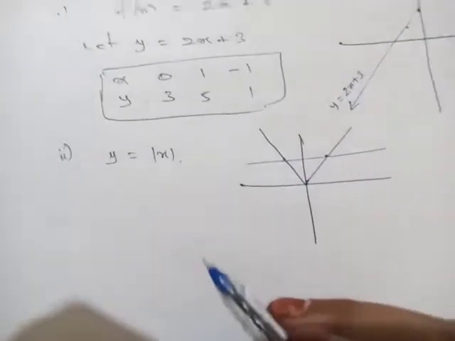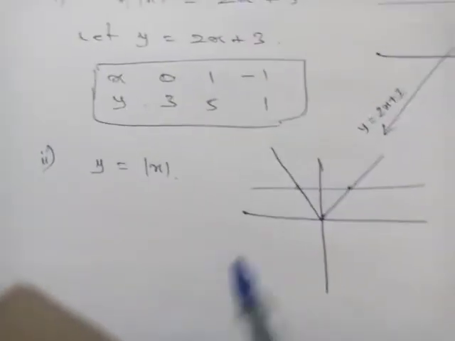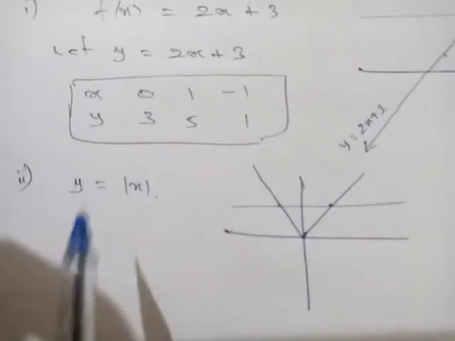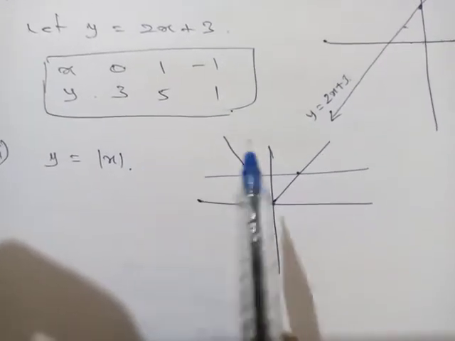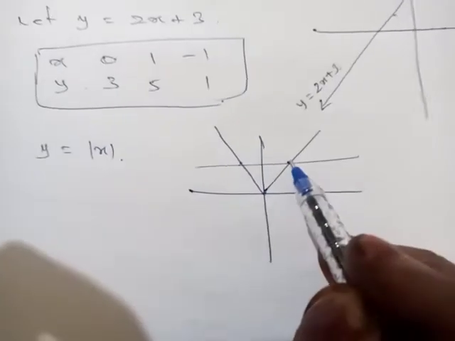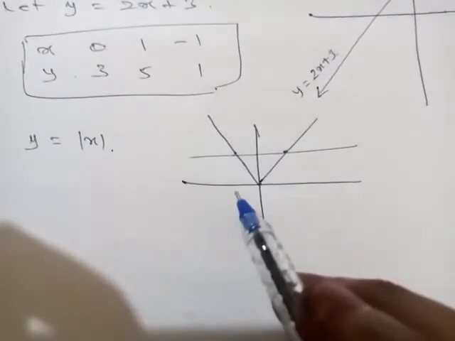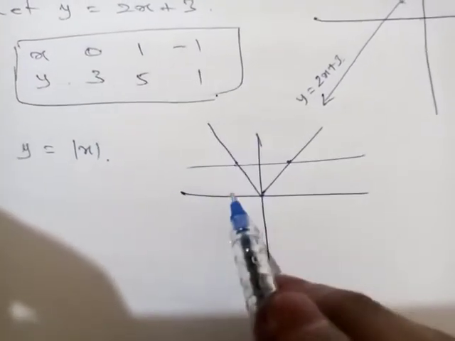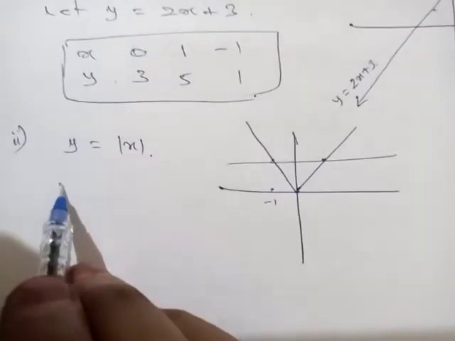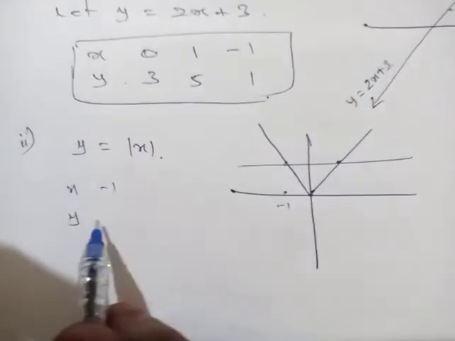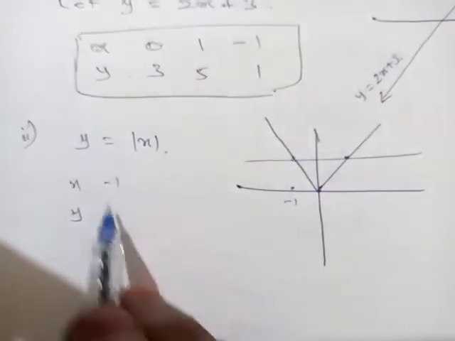How are we telling this actually? We already completed that any function has an inverse if it is one-one and onto. This function is not a one-one function. Why? For example, if you substitute x value as minus 1, you get modulus of minus 1, which is plus 1.